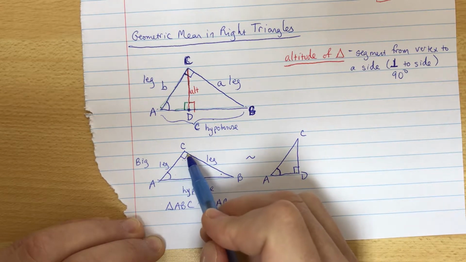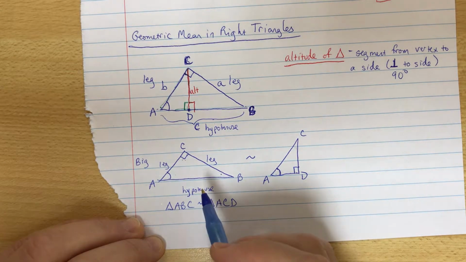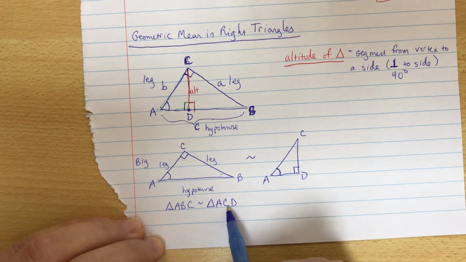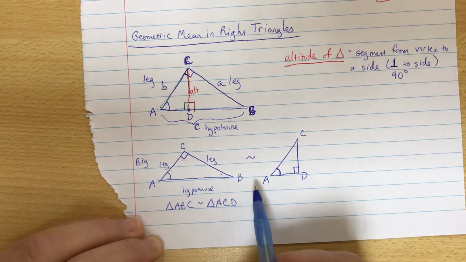And then angle C, the right angle, matches to angle D, the right angle. So triangle ABC is similar to triangle ACD. Okay, so we know that those two are similar.